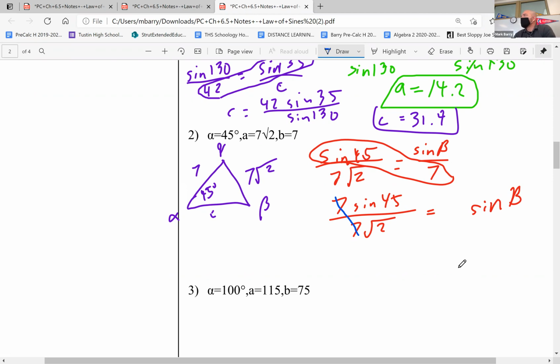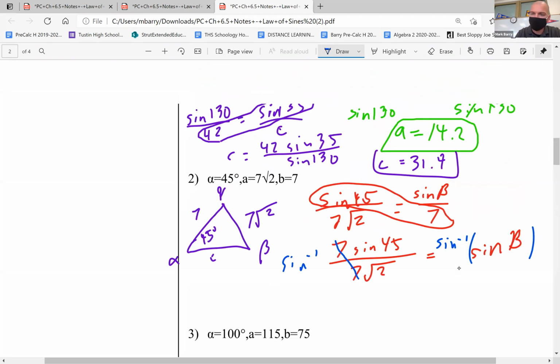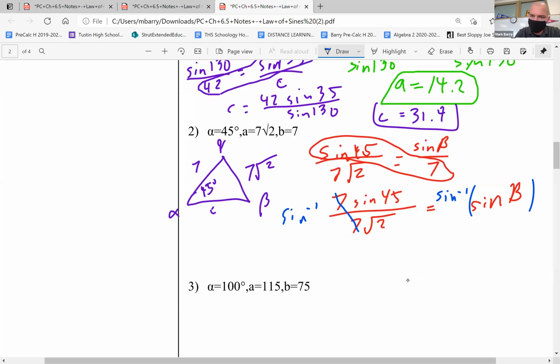All right, and then how do I get rid of the sine? We did briefly mention this in 6.2, but we're going to talk about it more here. You always use a sine inverse, okay? A sine inverse gets rid of a sine, and so this side will just be left with angle B. On this side, I just have to type in the calculator sine inverse of sine 45 over 2.